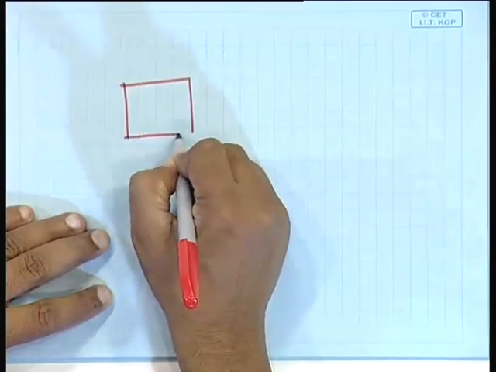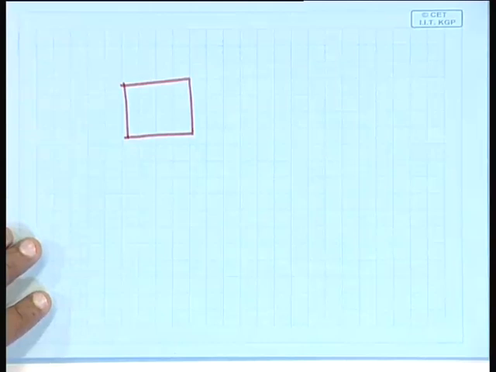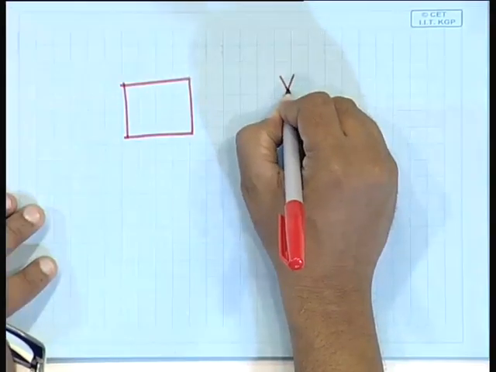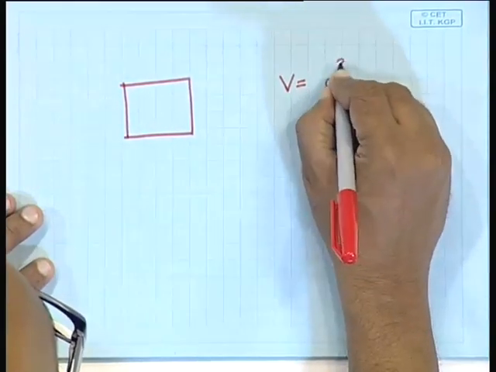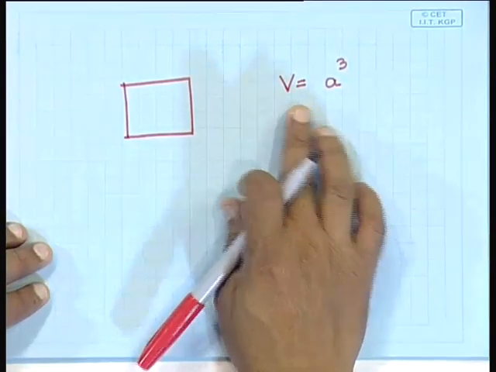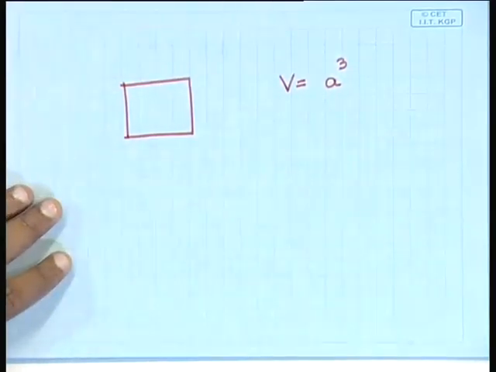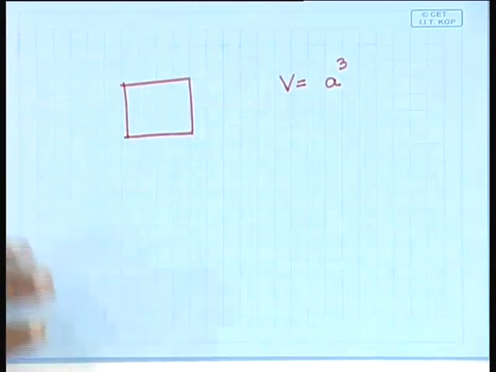Let us say that this has comoving volume 1. So, its physical volume at any instant is r cube, which is a cube. Is it okay? Right. So, there is a part of the universe which has this volume.